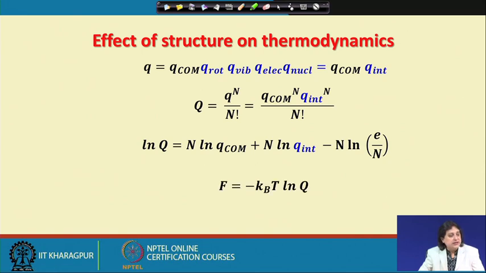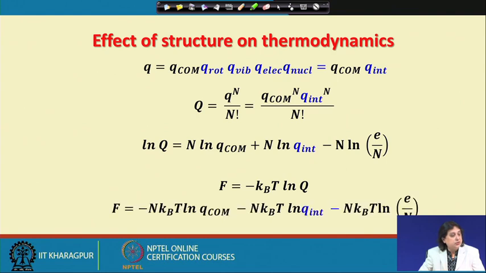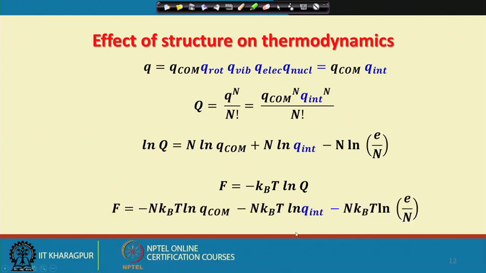The consequence of this is, since I have F equal to minus k_B T ln Q, then F will have an expression like this. So, as you see in F, I have one term that is a direct contribution of the center of mass, from the separation of the partition function into a center of mass contribution.